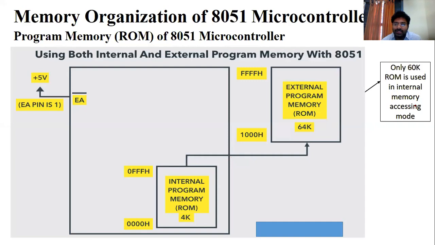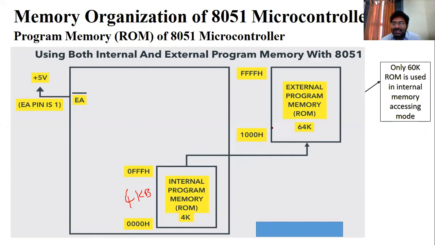Directly, it is nothing but the internal memory access mode. We can call it the internal memory access mode. In this mode, this is the 4 KB of ROM. So remember this point carefully.